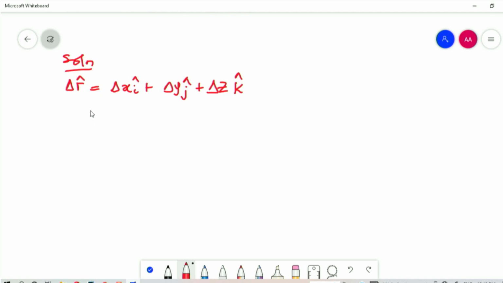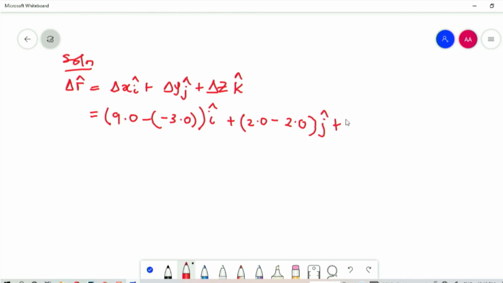So using this, we should have delta r equal to open bracket 9.0 minus 3.0, close the bracket, then the unit vector i, plus open bracket 2.0 minus, then the unit vector j, then plus open bracket 8.0 minus 5.0 k.